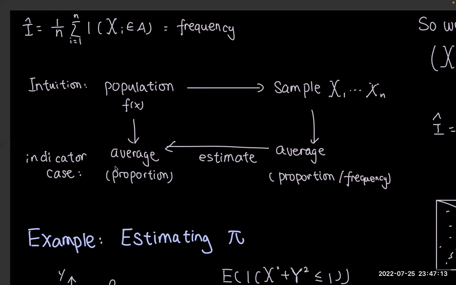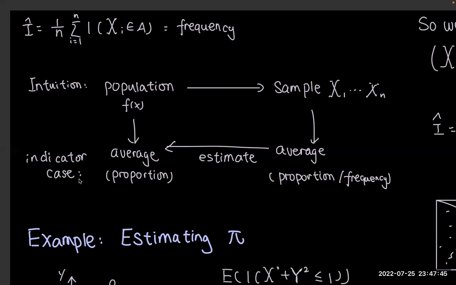The key point is that if we idealize the dense distribution of the population of points by a density function, then the population average can be written as an integral, which is the expectation. The integral is really a mathematical idealization for the population average. That's why we can use a sample average to approximate or estimate the population average.